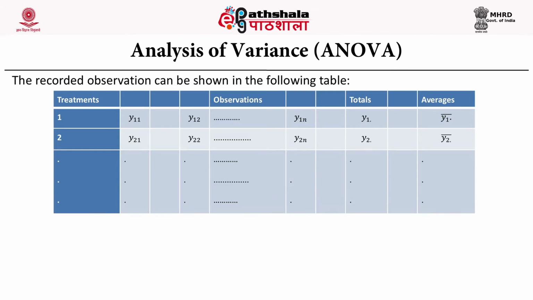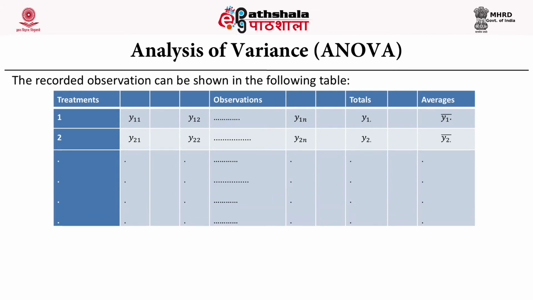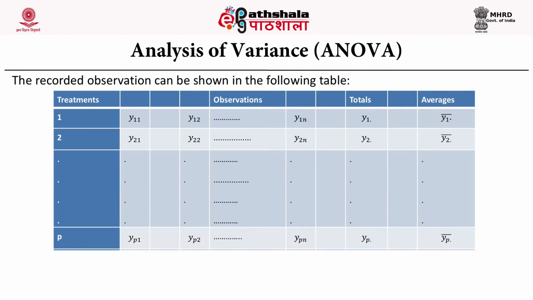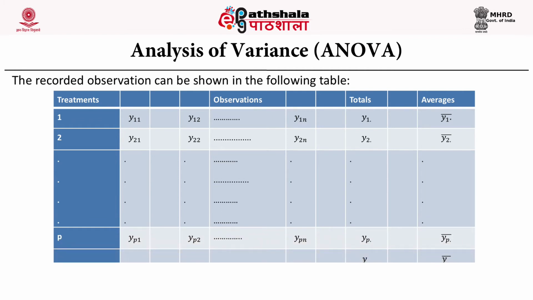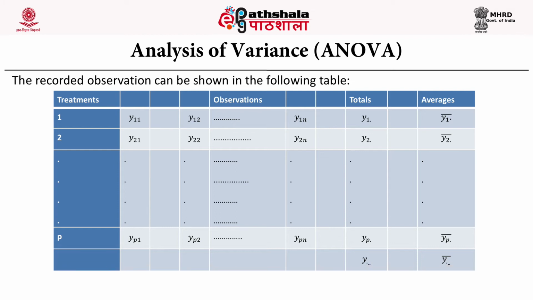The totals of these rows are given here as y1 dot, y2 dot, and yp dot, and so on. y double dot represents the grand total, y1 dot bar represents the average value of the first treatment, and similarly yp dot bar represents the average value for the pth treatment.